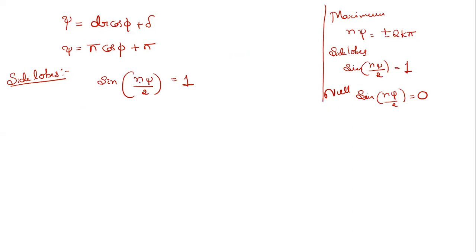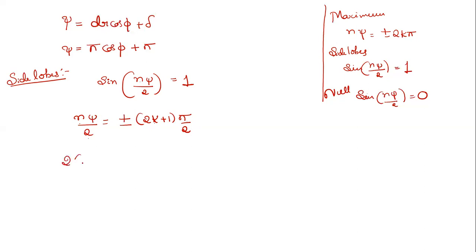So in this particular case, n equal to 4. So sine inverse of 1 is what? Please be careful. You are supposed to write 2k plus 1 into pi by 2. Sine inverse of 1 is pi by 2; it can be, for k equal to 1, 3 pi by 2, 5 pi by 2. So be careful with that. N is equal to 4, and 4 by 2 is 2.